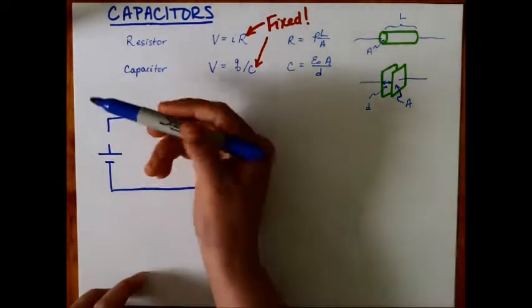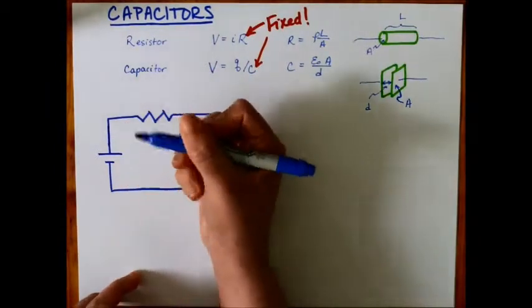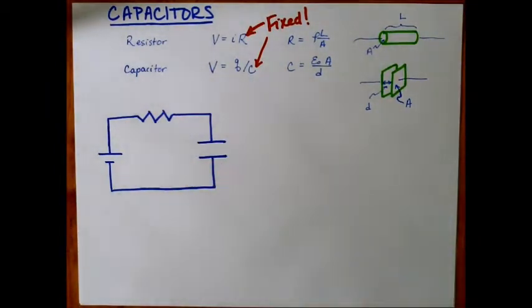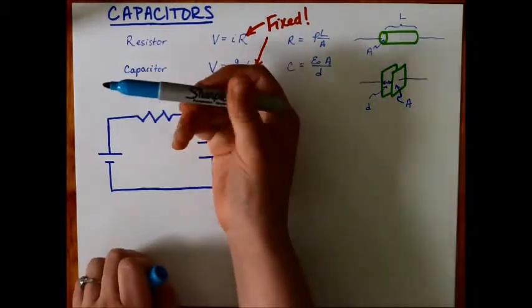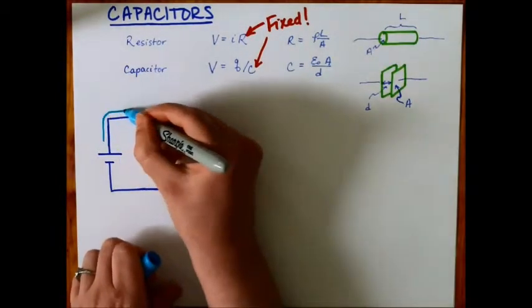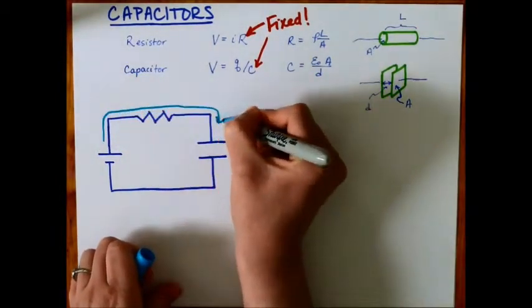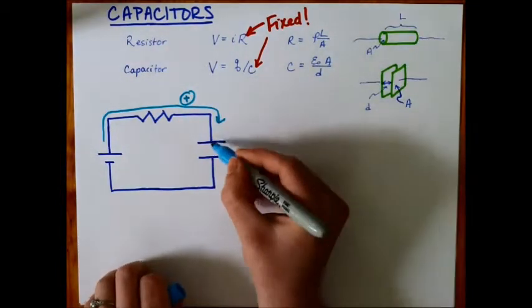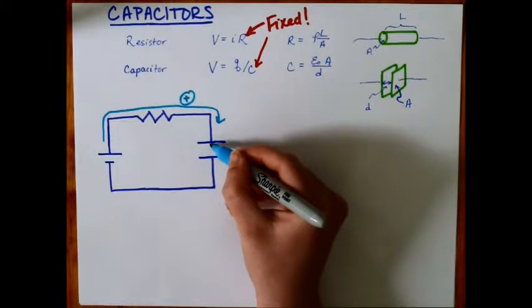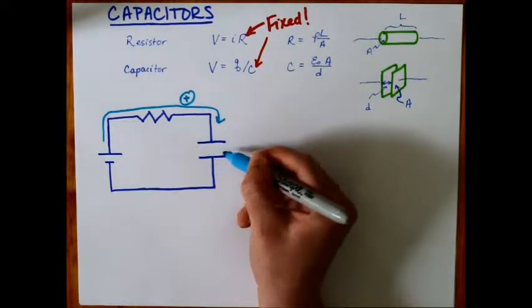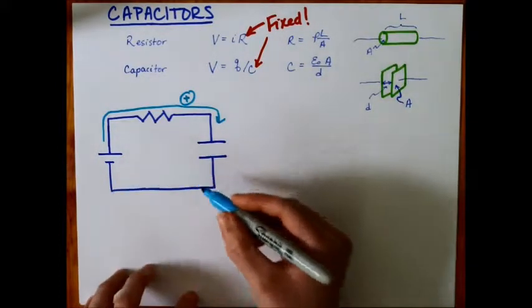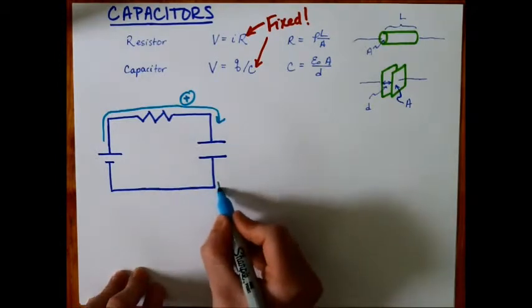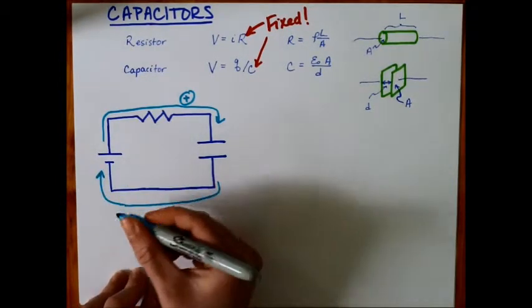As soon as I close this, positive charge is going to start to flow away from the positive terminal of the battery. It's going to go like this. And then when it gets here, the charges can't move across the capacitor because there's an insulator here. But on the other side, I have positive charges flowing towards the negative terminal on the battery.